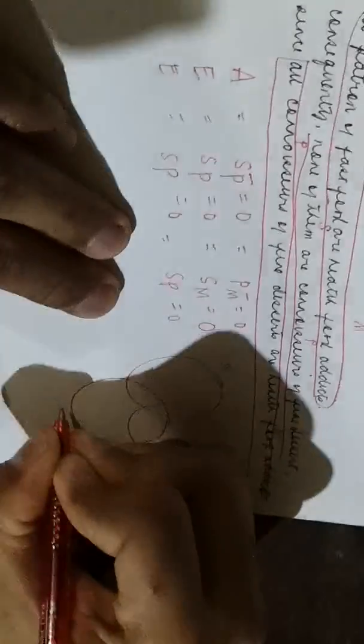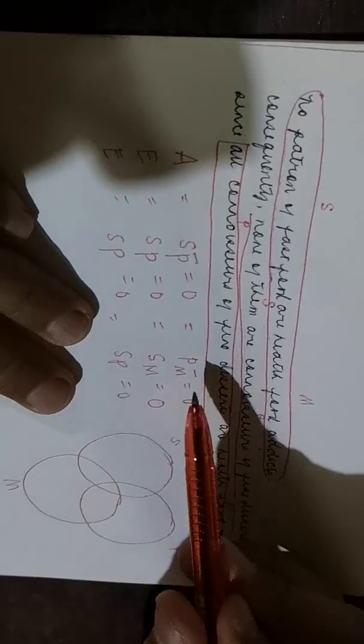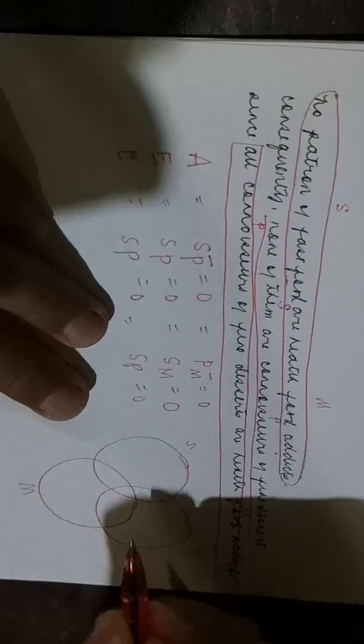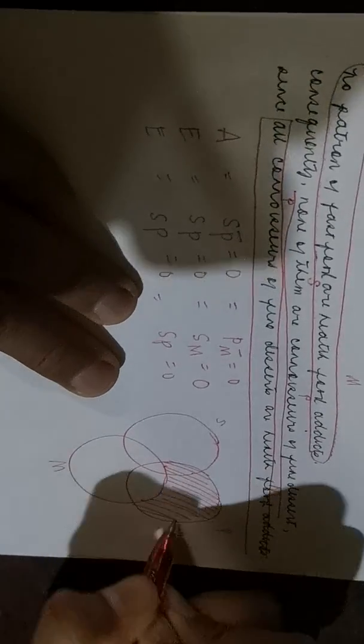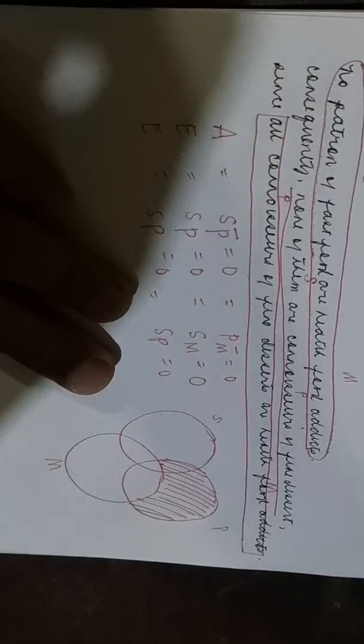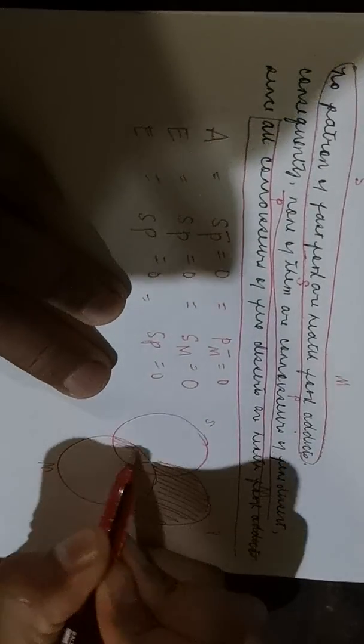Okay, first, S, P, M. First, the major premise, P not M, that is this area, equal to 0. Okay. And then SM, S which is also M, must be equal to 0, so also shaded.